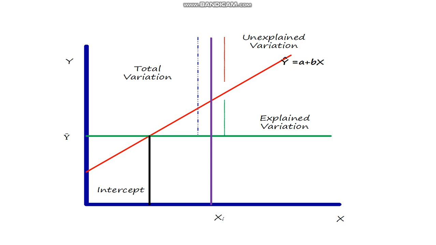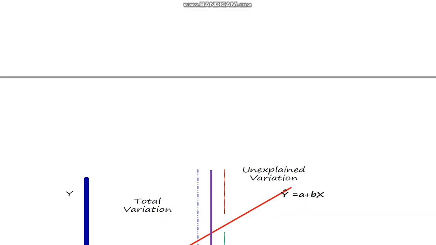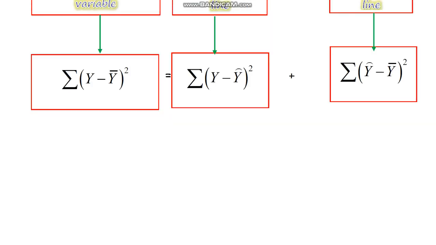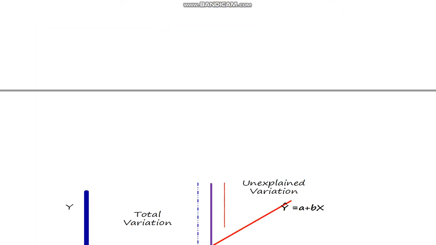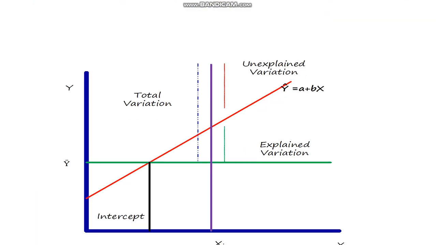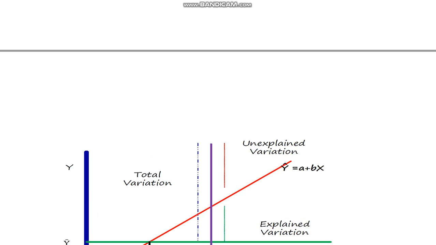This line intersects the y-axis at this point, so this is the intercept, and here is the estimated value y cap equal to a plus bx. For unexplained variation, we see the formula y minus y cap. This area shows y minus y cap, so this area is unexplained variation.